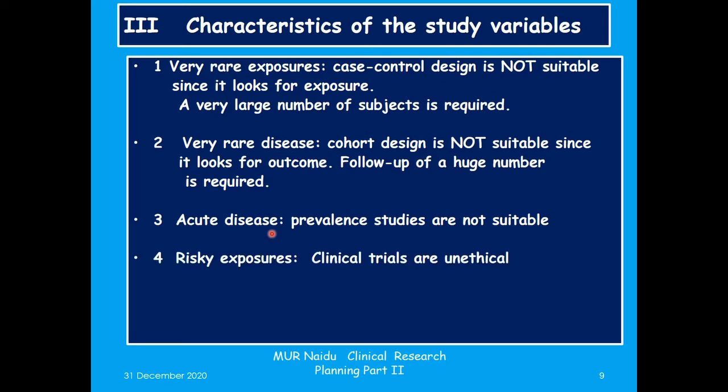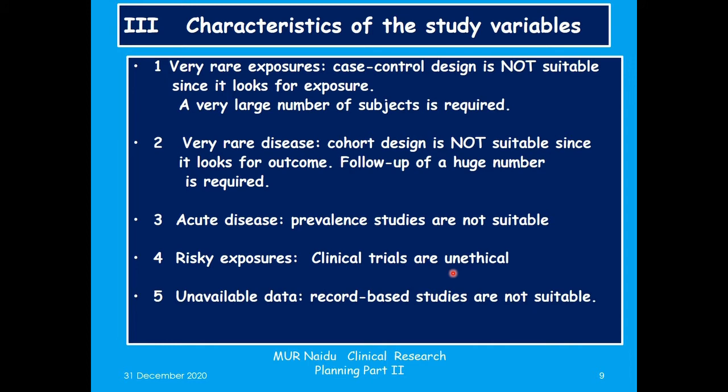The fourth one is where the clinical trial has high risk of exposure to the human subject, mostly like a very toxic anti-cancer drug. Here, clinical trials are usually not ethical. The last one is that when the data is not available, then record-based studies are not possible or not suitable.